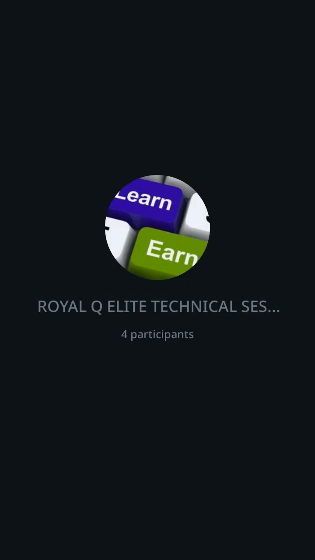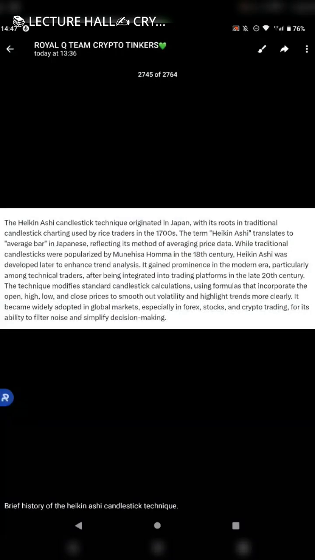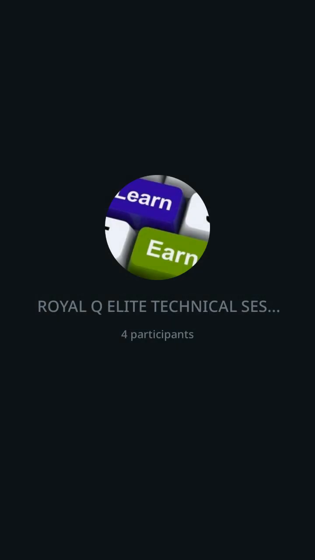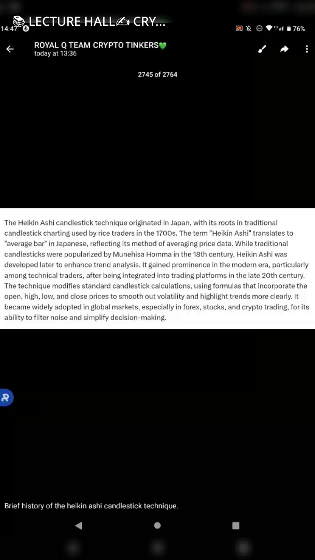It became widely adopted in global markets, especially in the forex markets, the stock markets, and crypto trading for its ability to filter noise.